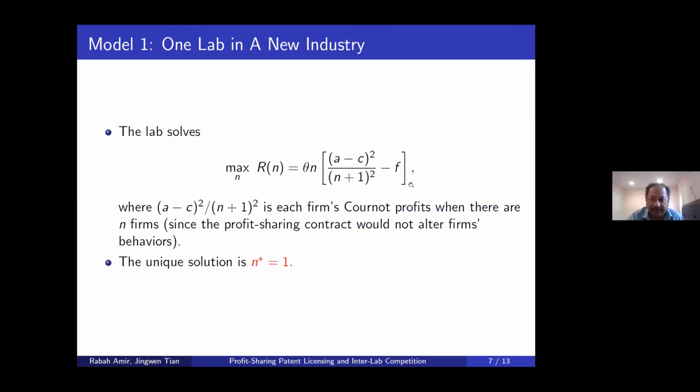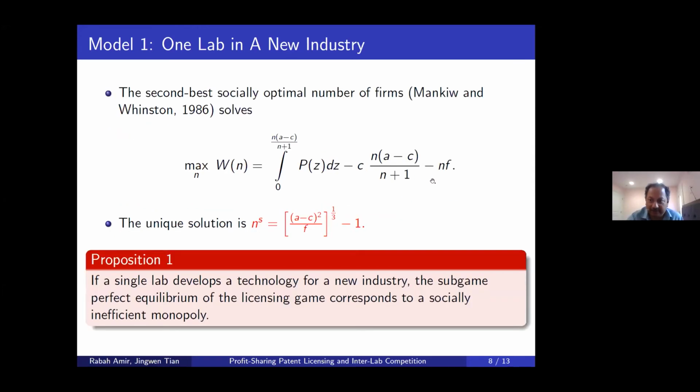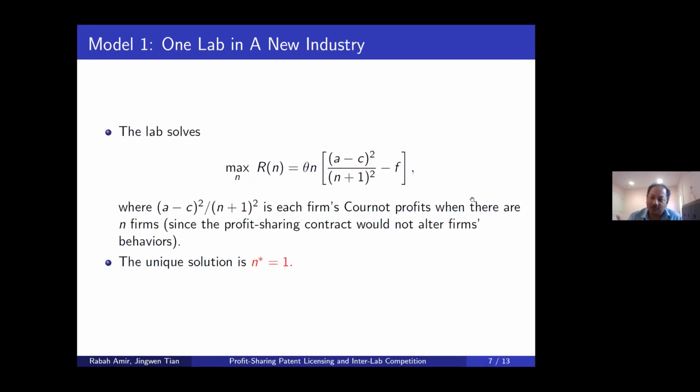You said they need to pay; actually, is it borne by the lab? This fixed cost, is it borne by the lab or the firm? It's borne by the lab. So it is not like a fixed fee, or the fixed fee basically goes to the innovator.